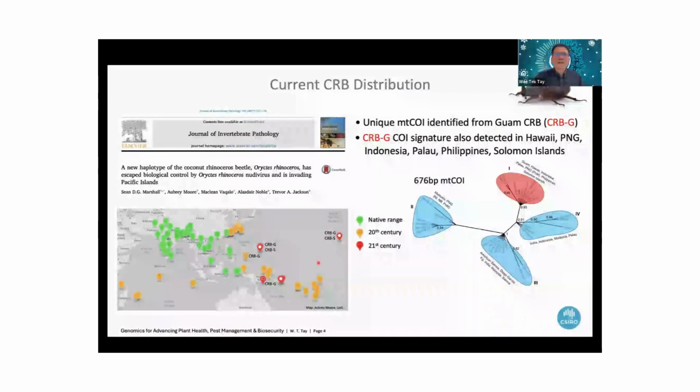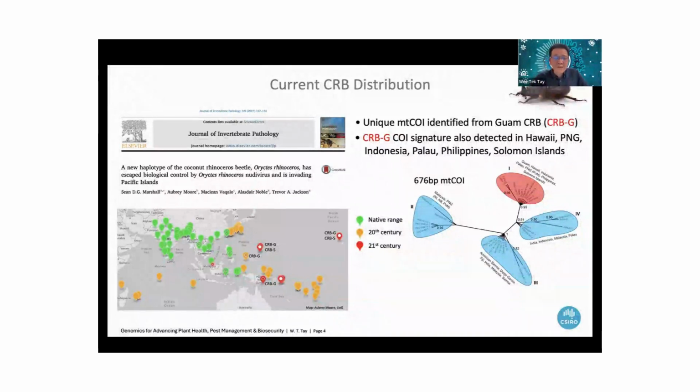In the 21st century, so recently, in 2007, it was again detected in Guam. What is important is that when this pest was found in Guam in 2007, a virus was researched to try to introduce to Guam to see whether it could be used to suppress this population. This virus is called the Oryctes rhinoceros nudivirus.